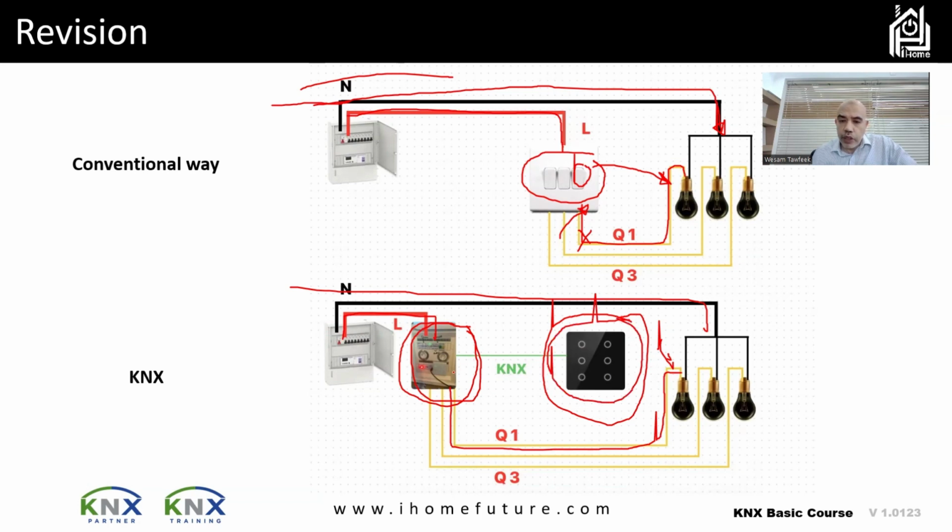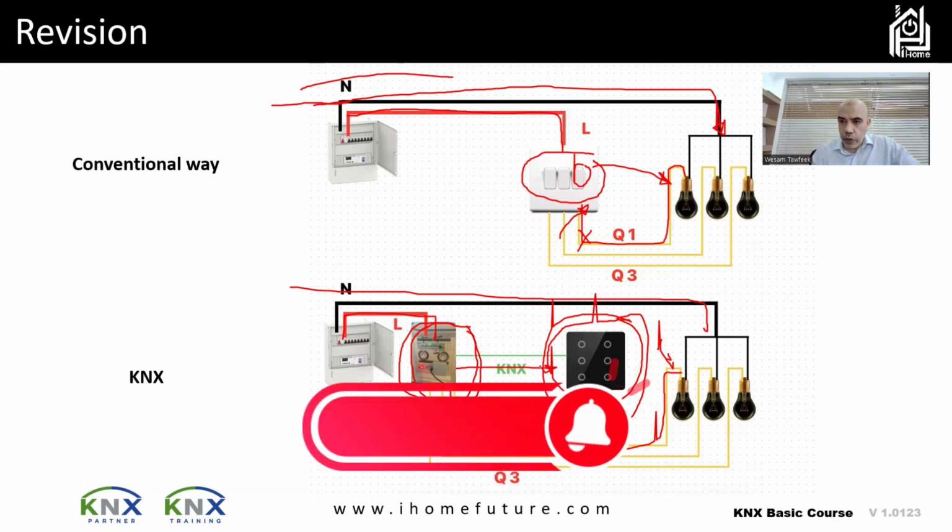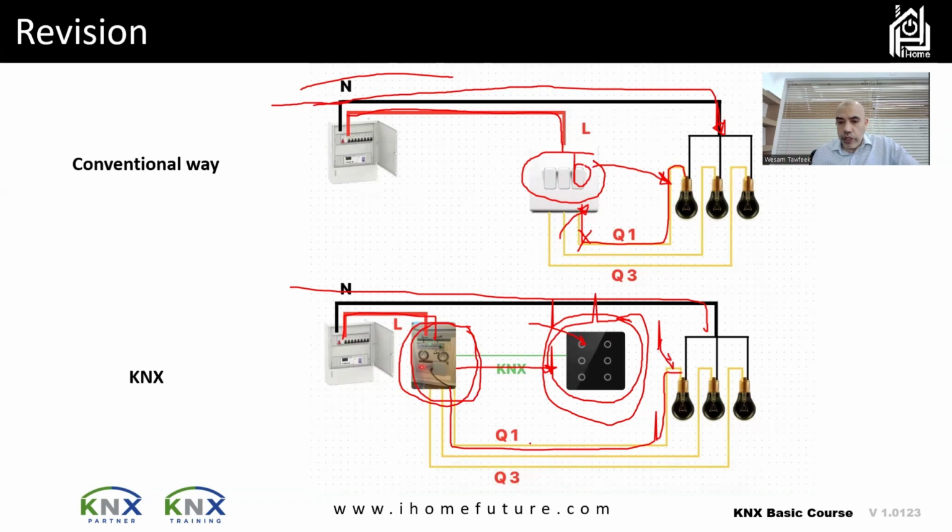This keypad is connected to the actuator via KNX, or connected to the KNX system via the KNX cable. This way, if I need to change what this button will do, I can do that by programming, saying that this button will control this lamp, which will be controlled via this channel and the relay switch. This is how it normally works now. So any connection between the load and the actuators is physically there, but it does not affect my user experience, because the user experience depends on the programming I'm doing.